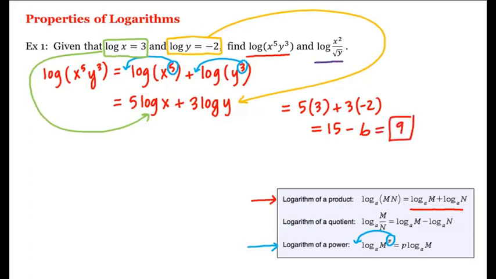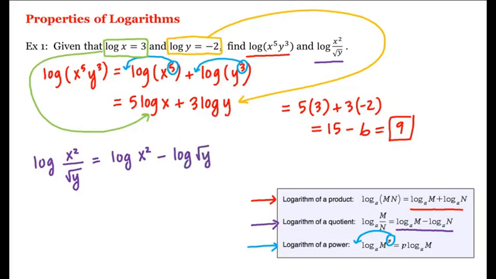All right, and what about this last log we're asked to find? The log of x squared divided by the square root of y. Well, by the second property over here, the logarithm of a quotient is equal to the difference in the logarithms. That is, this is equal to log of x squared minus log of the square root of y, which is equal to log of x squared, and then minus log, and we can rewrite square root of y as y to the 1/2 power.